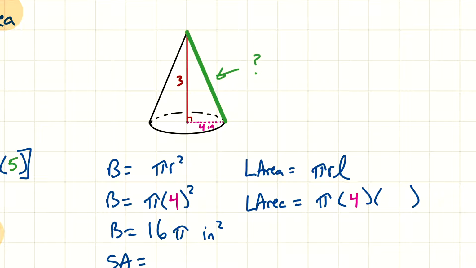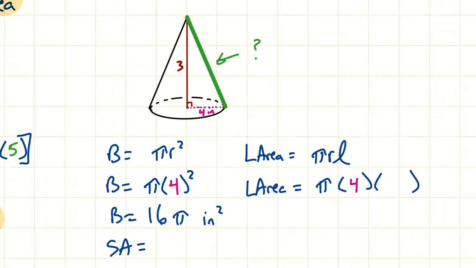Well, if you notice, we have this triangle that's kind of created here. If we slice this cone, we actually have a triangle here where one measurement is a 4 and this one is a 3. So you should know that if this is a right triangle, you should be able to calculate the hypotenuse of this triangle. And so I could very easily ask you, which right triangle tool can we use to find the slant height?